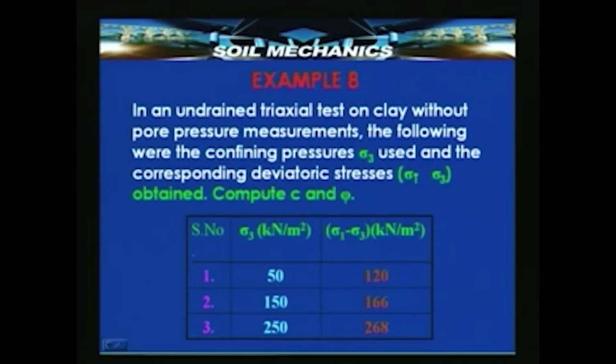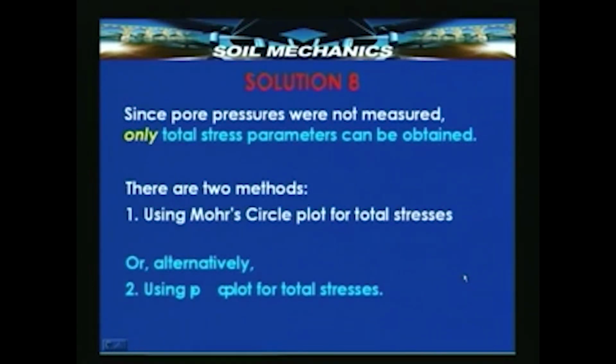Now, the values of sigma 1 and sigma 3 are given here. Sigma 3 is this, the deviatoric stress is this. Normally, we apply confining pressures of these magnitudes. So, if I take these data and go further, I find that since pore pressures are not measured, we can only determine the total stress parameters.